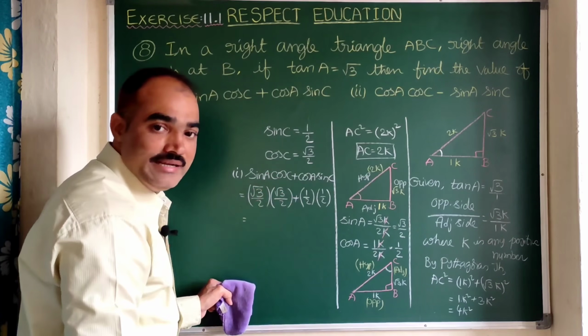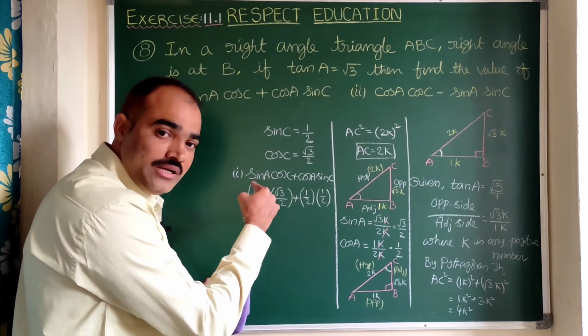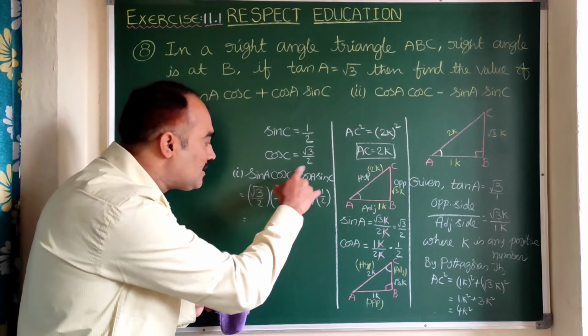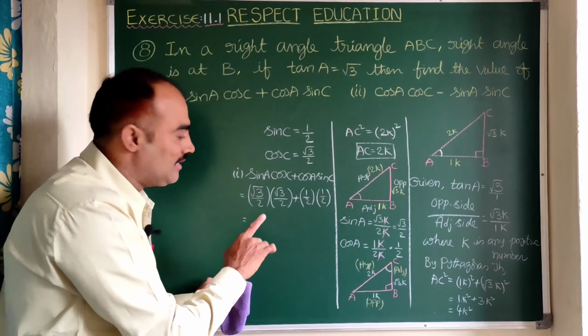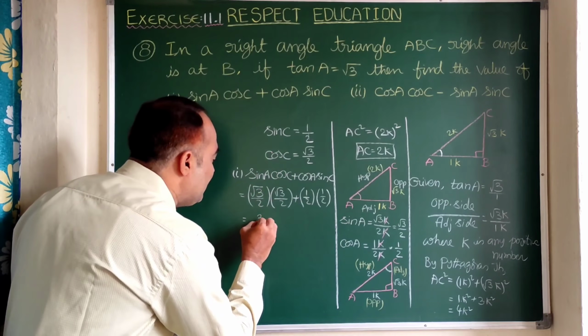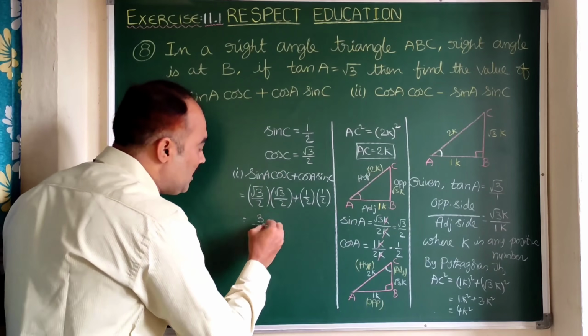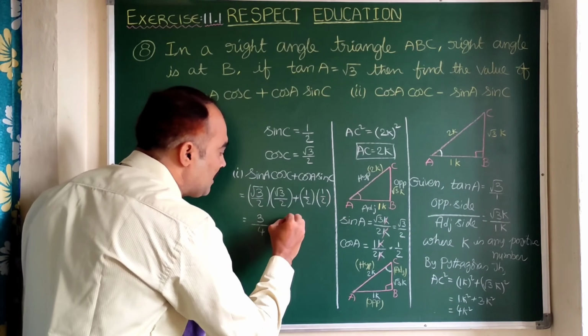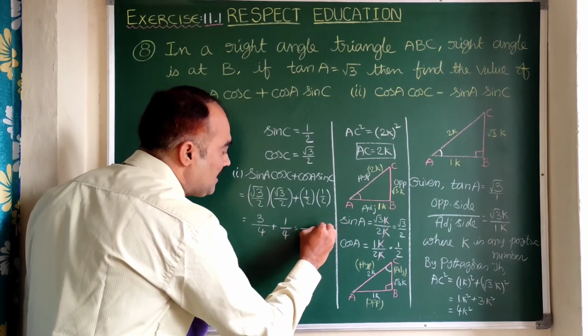Root 3 into root 3, whole square root gets cancelled, then it will become 3. Clear? Tell me again, root 3 into root 3 simply? 3. So root 3 into root 3 is 3. 2 2s are 4, plus 1 1s are 2 2s are 4. Here what is the LCM?